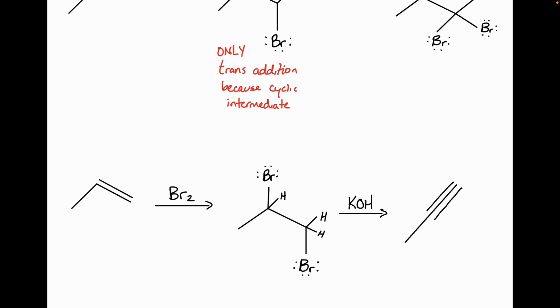alkenes. All right, what this KOH does is helps to remove these hydrogens, and our leaving groups pop off as well. So we get what's called an elimination reaction, and this is how we can prepare alkynes.